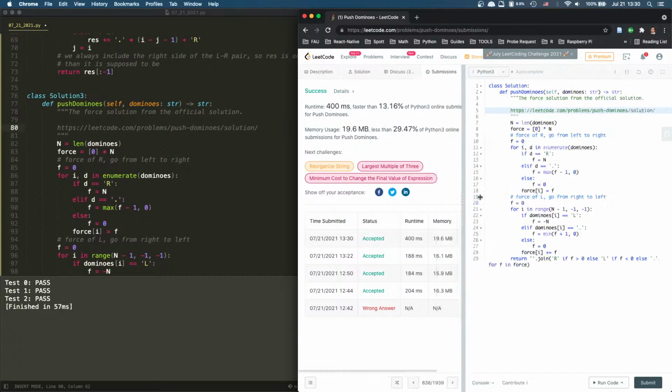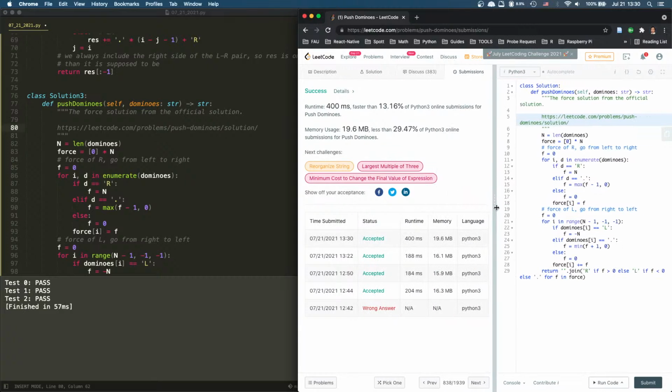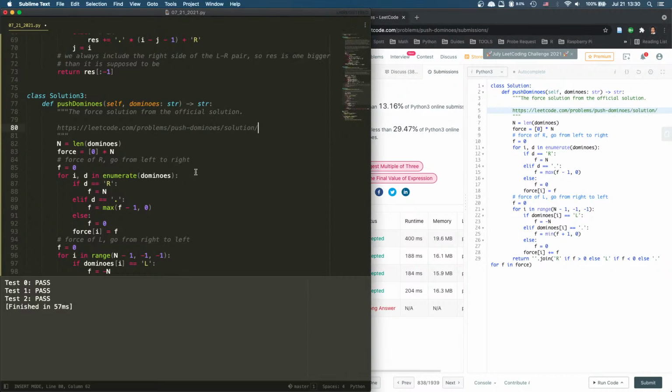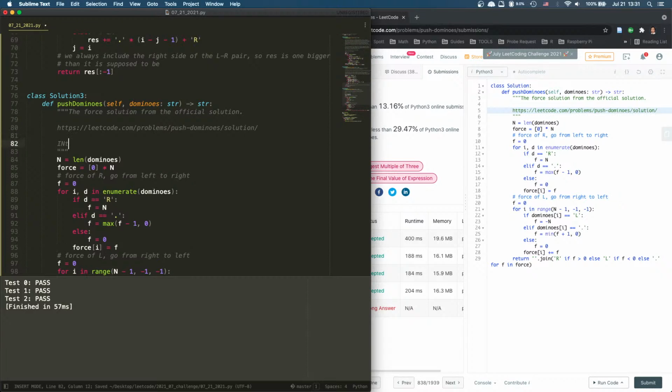This one's slow. You have to go through it twice. But it's interesting. Alright, that's it. So interesting solution, but kind of slow. 400 milliseconds.